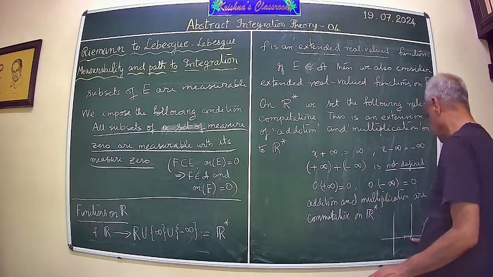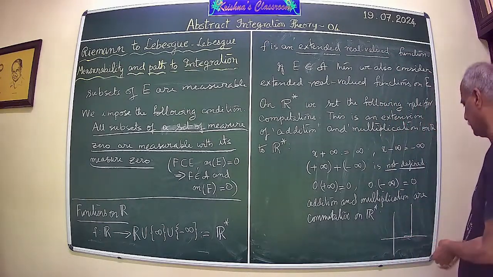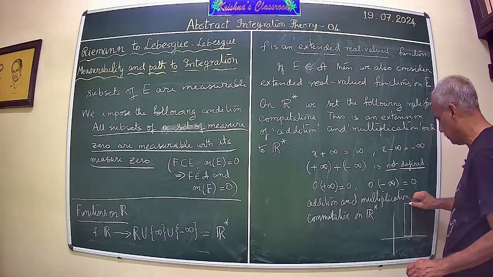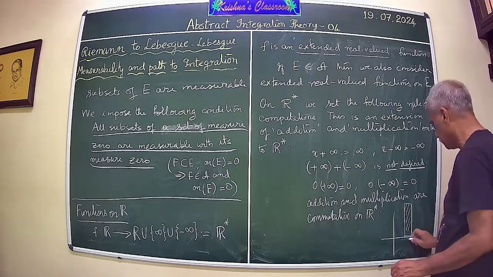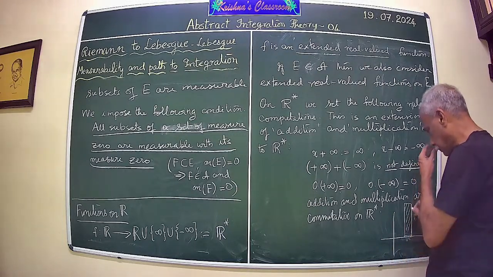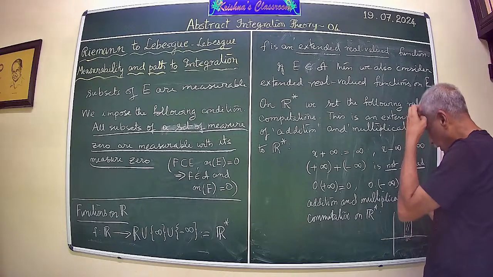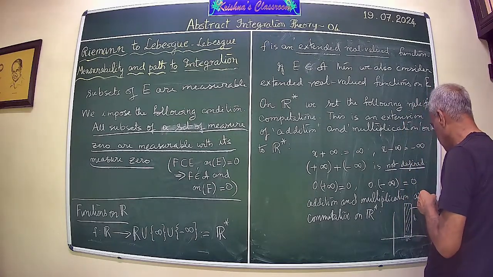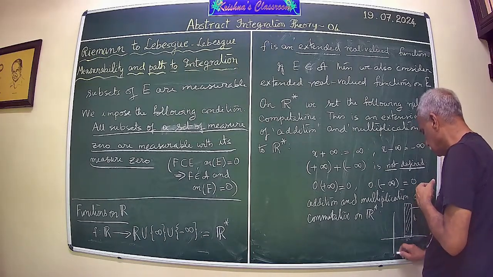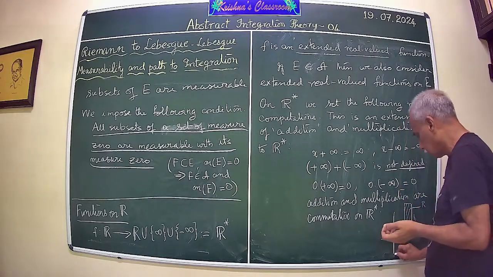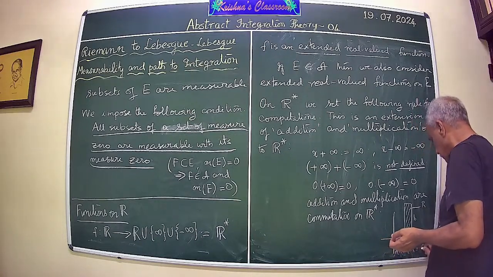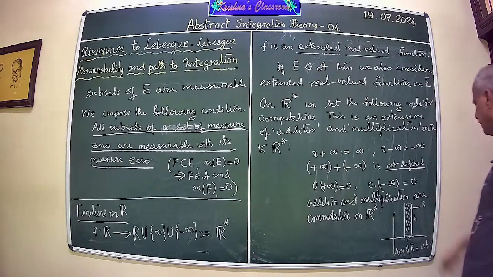Of course, for any rectangle R with sides a and b, we define the area of R as a times b.